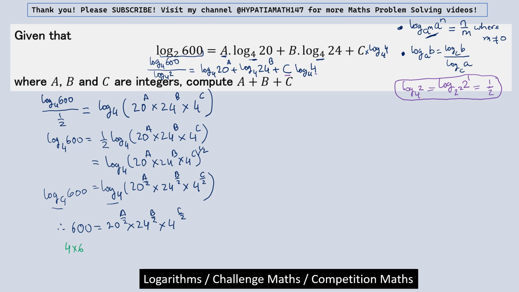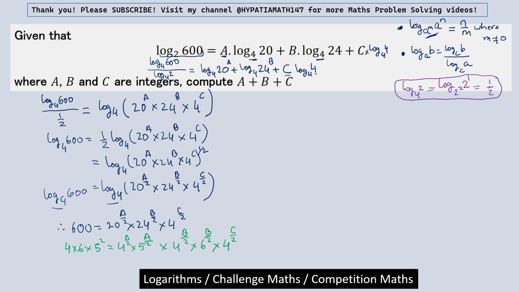So 4 times 6 is 24, times 25, that is 5 square. 20 I can write as 4 to the power a out of 2 times 5 to the power a out of 2, multiplied by 24, which is 4 times 6, so 4 to the power b out of 2 multiplied by 6 to the power b out of 2, and multiplied by 4 to the power c out of 2. I don't break it down again to 2 because I didn't think it was needed.